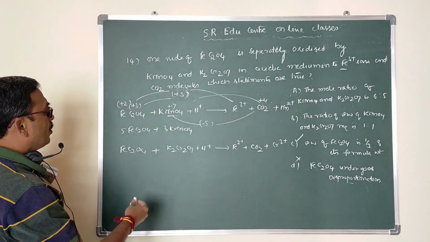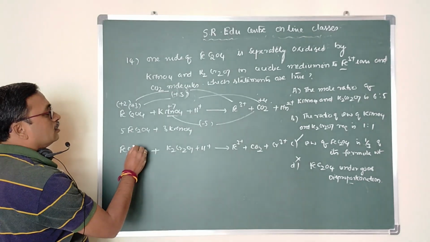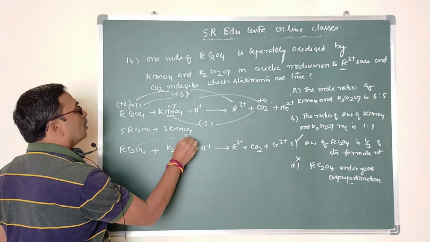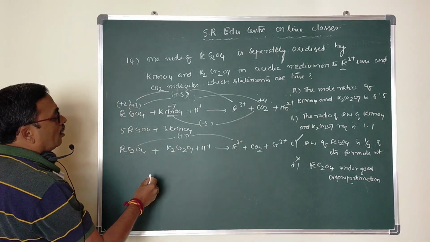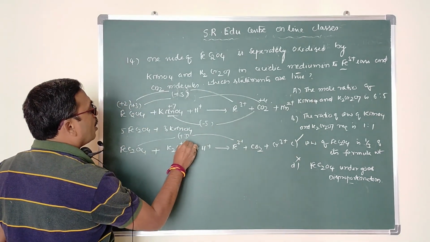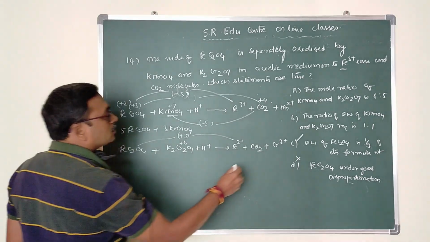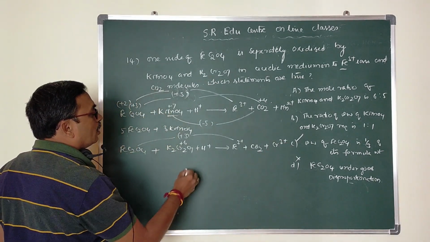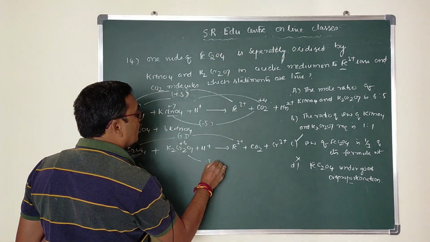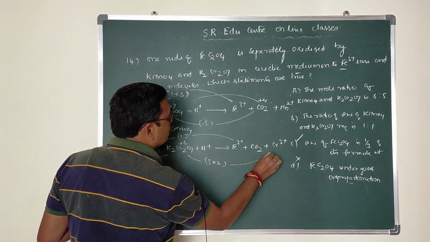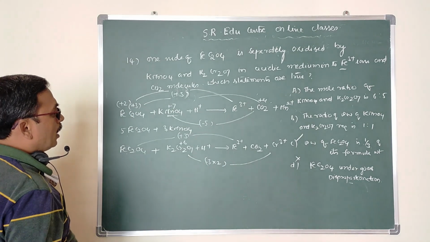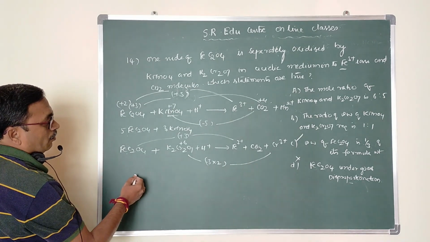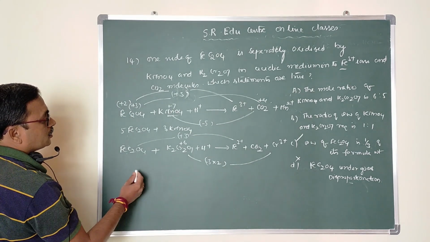In the same manner, for iron oxalate the increase in oxidation state is 3. For K2Cr2O7, oxidation state of chromium is +6 and on the product side +3. Change is 3 per atom, but per molecule 3 into 2. This is decrease. So while balancing the reaction, we will interchange the coefficients.